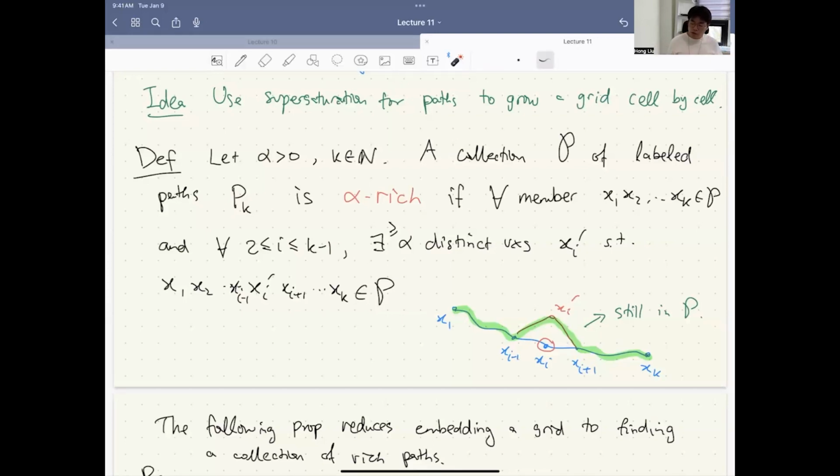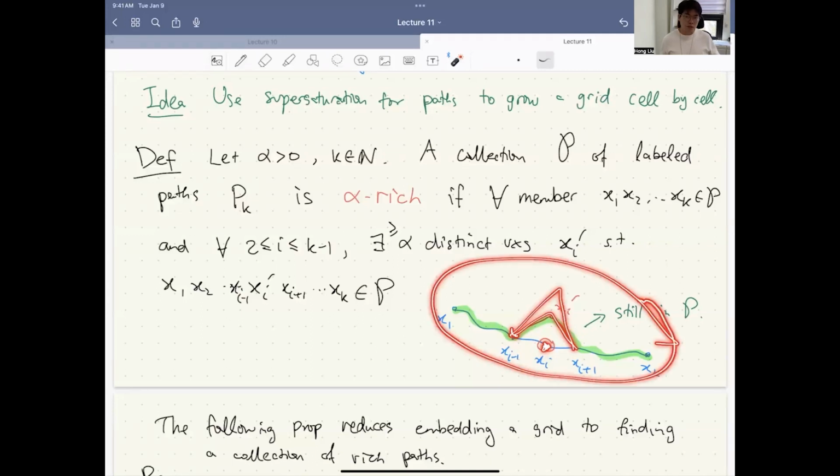If we start with a collection of all paths of given order, and there exists a path in the current collection that's bad, what does bad mean? That means there exists a vertex on this path and there are few replacements for it. Then we delete all these paths from the collection and continue.